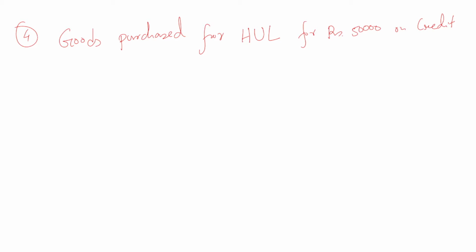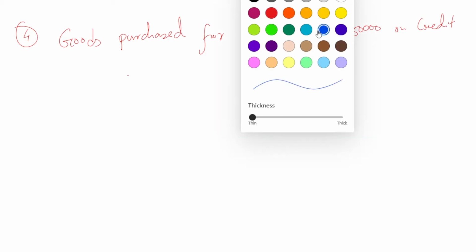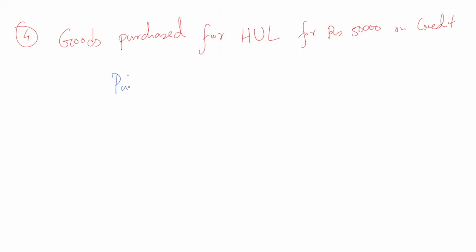This is just a similar entry to the last journal entry. In the last journal entry, we recorded the transaction like this: purchase account debit to cash. Now we will record the same thing: purchase account debit, but here no cash is involved because it is a credit transaction, not a cash transaction.